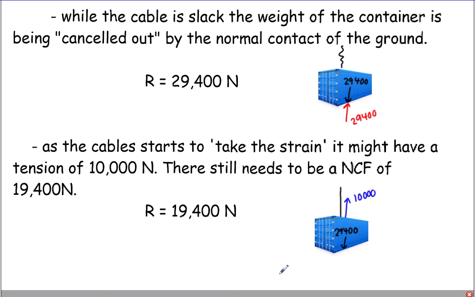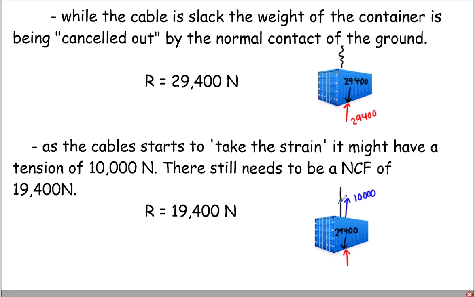Okay, but the container is not moving. It's not moving because 10,000 newtons is not enough to lift something that's got a weight of 29,400 newtons. Okay, if anything, this container should be accelerating downwards, but it's not, because there's still a normal contact force. But remember, we're in equilibrium.